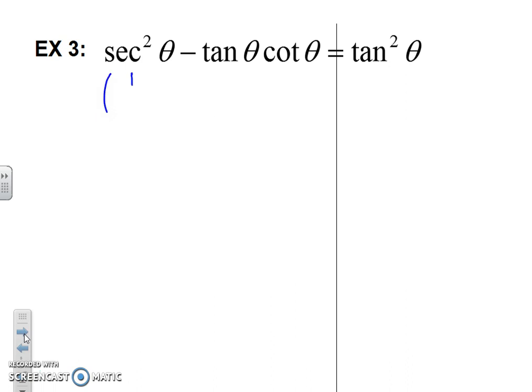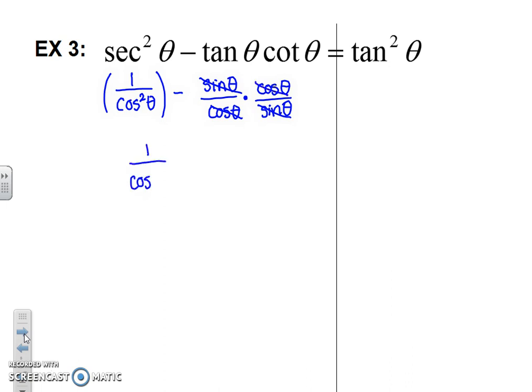So we would have 1 over cosine squared theta minus sine theta over cosine theta times cosine theta over sine theta. So if you notice here, whenever you change this, the sines here will cancel and the cosines here will cancel. So what we'll be left with is 1 over cosine squared theta minus 1.